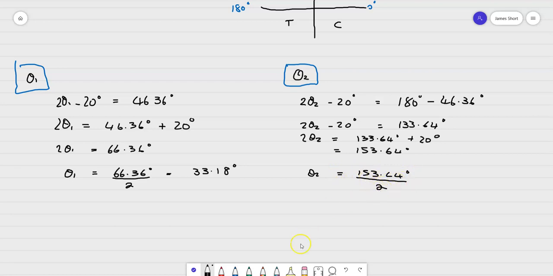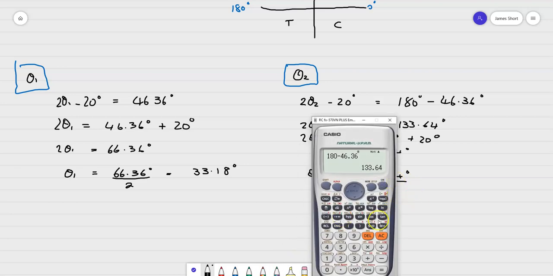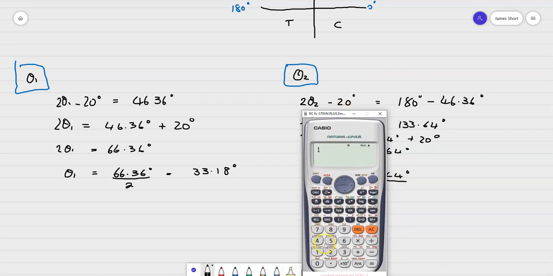You might be able to do that in your head, but 153.64 divided by 2 gives us 76.82.